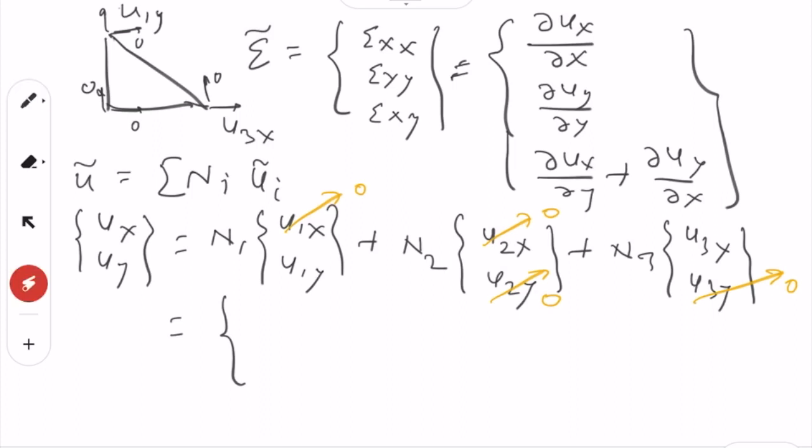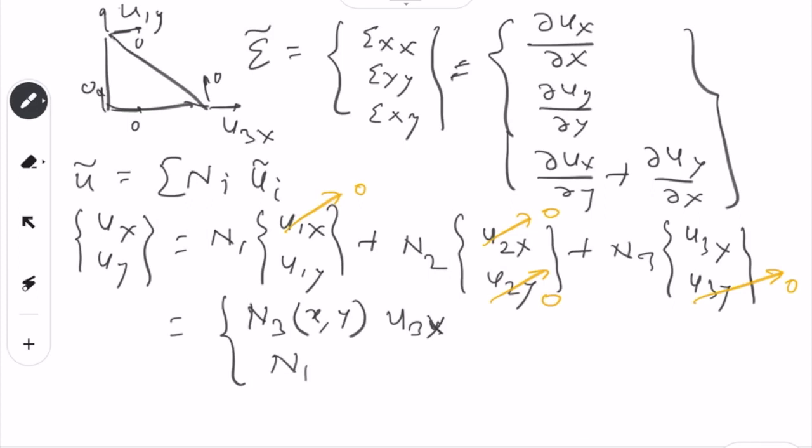We got all 0 here, only n3 times this one is there. So we get n3(x,y) u3x, and here will be n1(x,y) u1y.